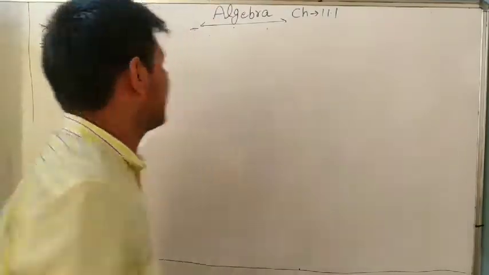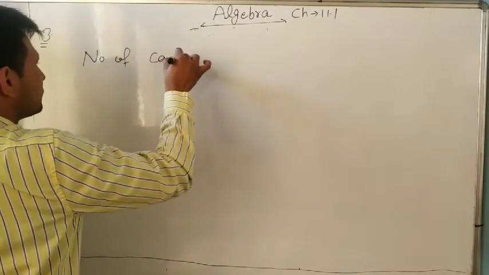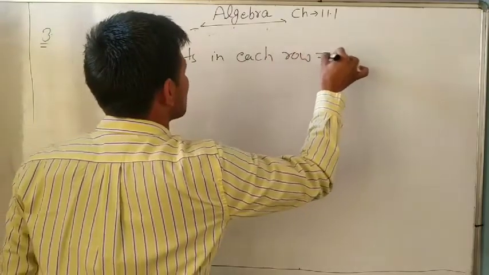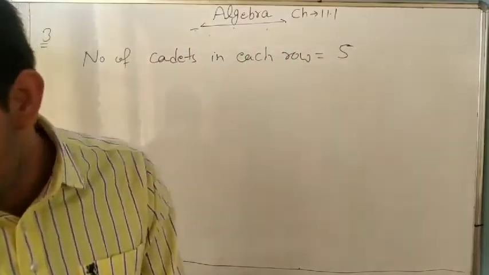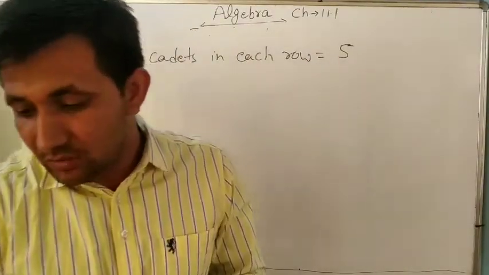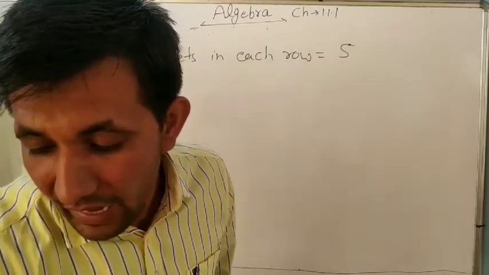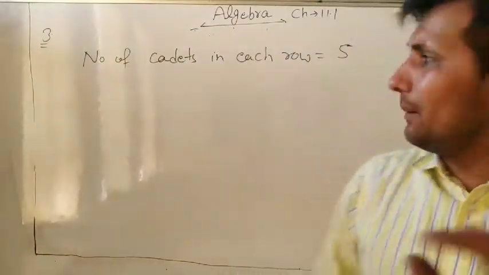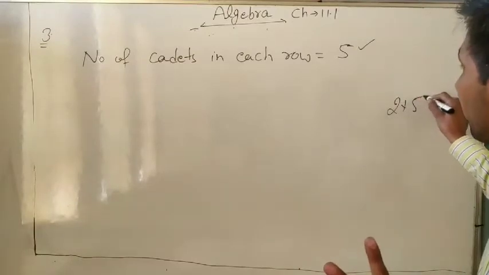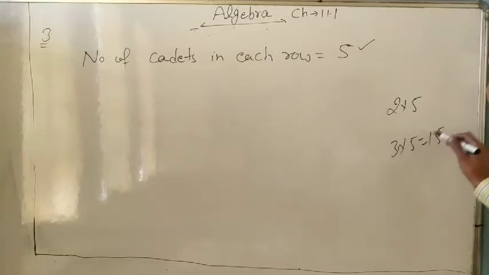Write the number of cadets in each row: 5. What is the rule which gives the number of cadets? Use n for the number of rows. If in one row there are 5 cadets, in two rows 2 into 5, in 3 rows 3 into 5, 15 cadets.